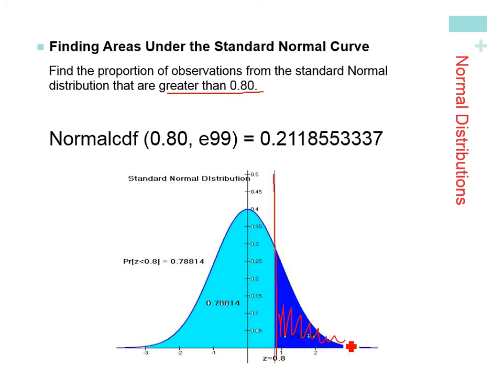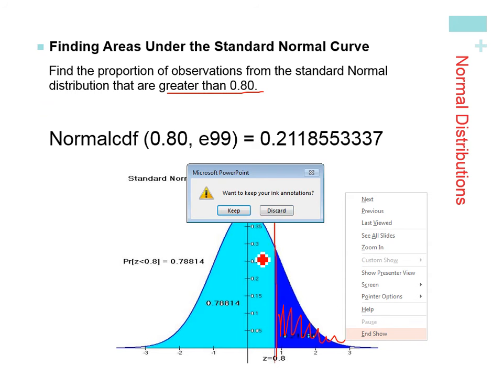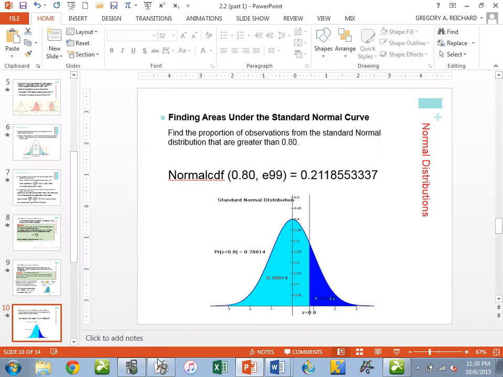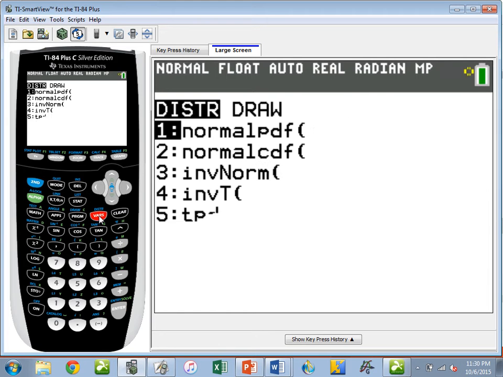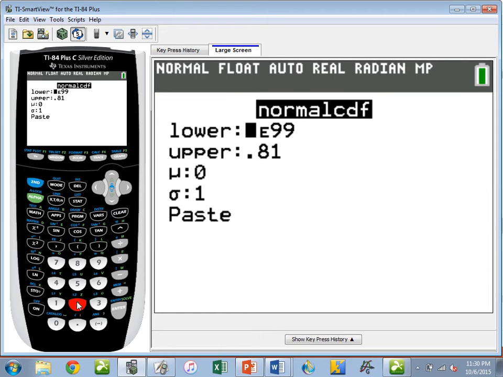So if we're talking about calculators, if I come back to this here, I'm going to do the normal CDF, so I'm going to go to second vars, I'm going to go to 2. So I'm going to put 0.8 in as the lower limit, and then if we're talking about greater than, we're basically talking about positive infinity.